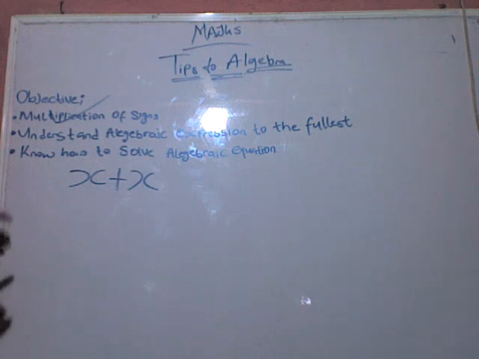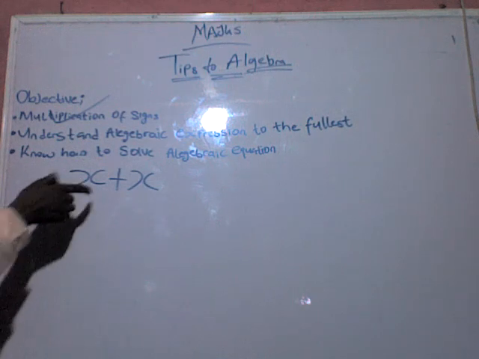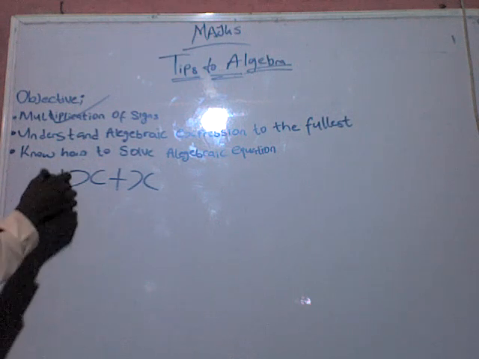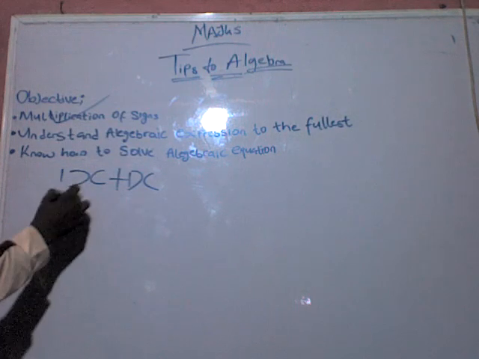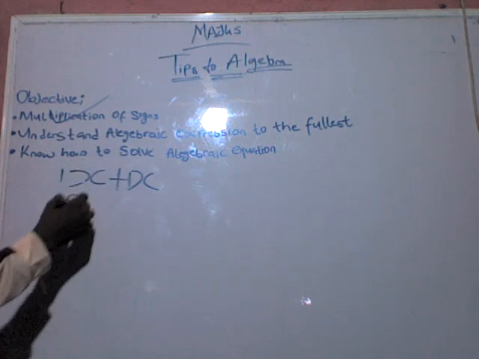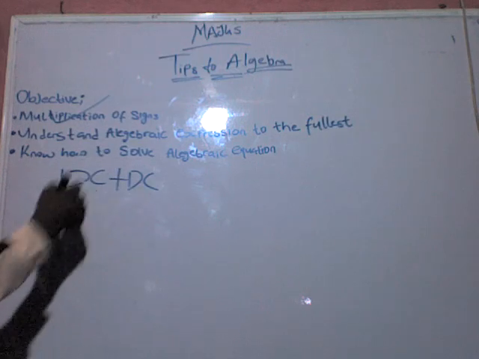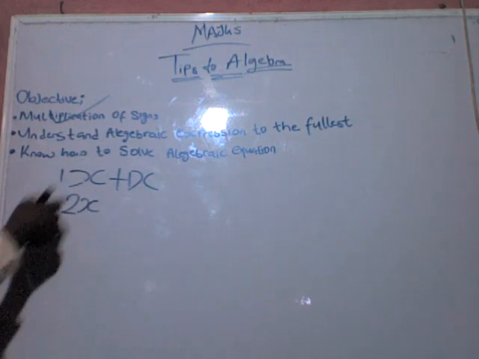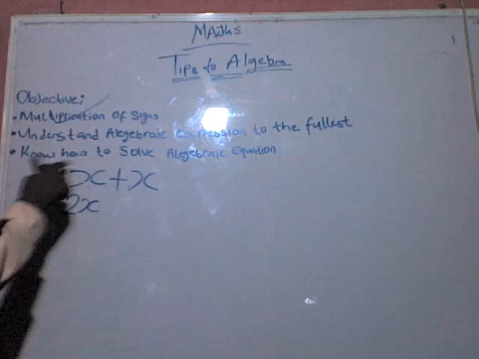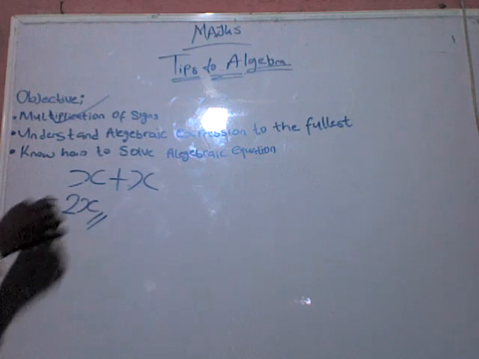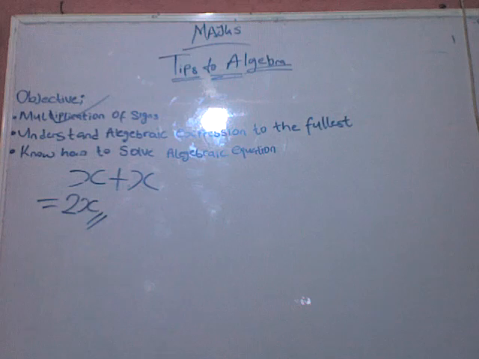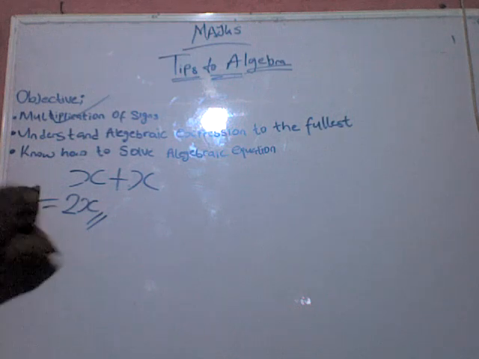To add this, first we need to know that x has a coefficient of 1, and this x also has a coefficient of 1. So 1 plus 1 is 2, then we add our x. So x plus x will give you 2x. That's how we add two variables together.